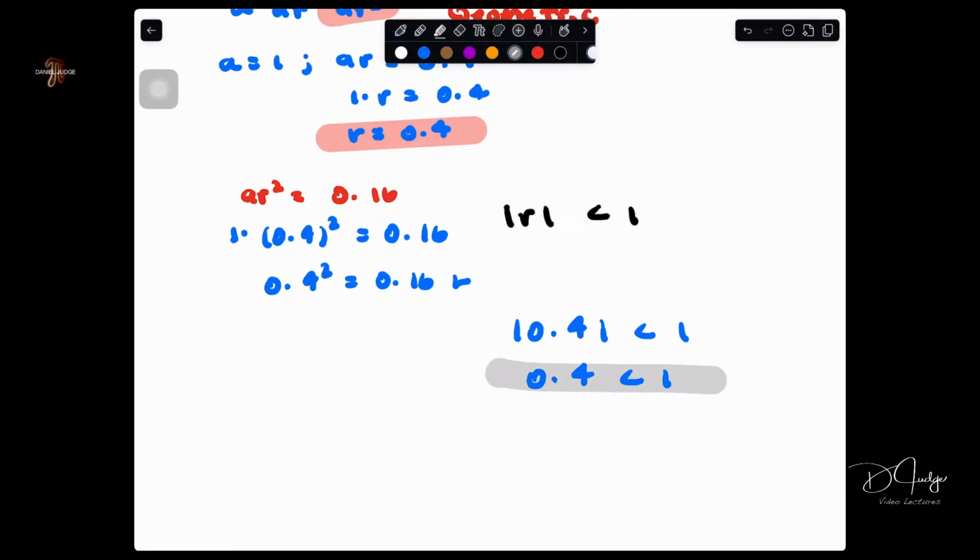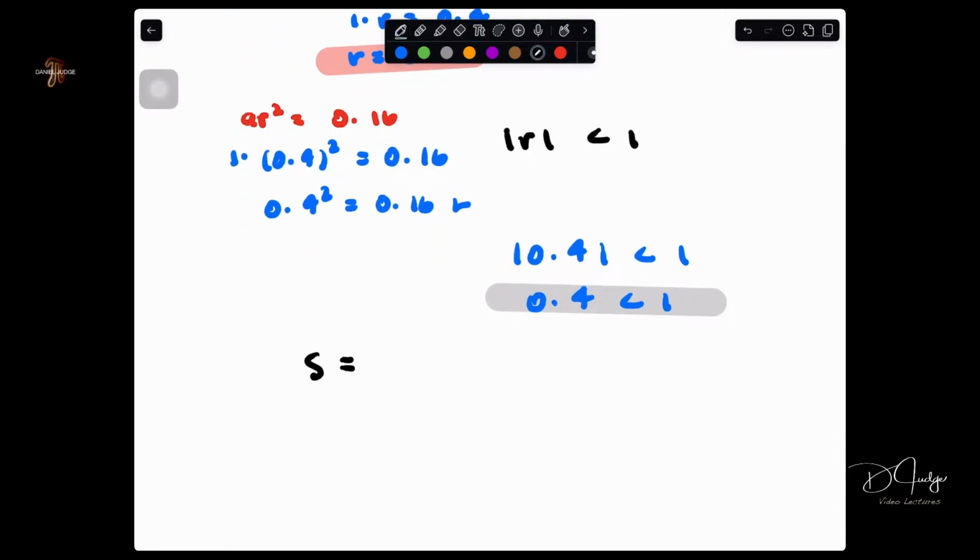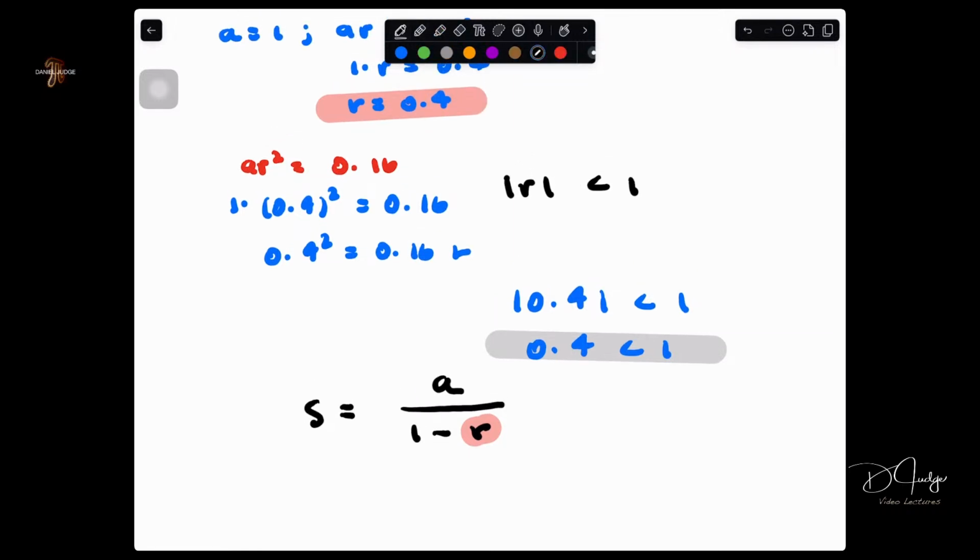So this is a true statement. We're looking for this relationship. So the sum now is a over 1 minus the r value. And r we know is 0.4. A we know to be 1. So we plug in the values for the sum here.